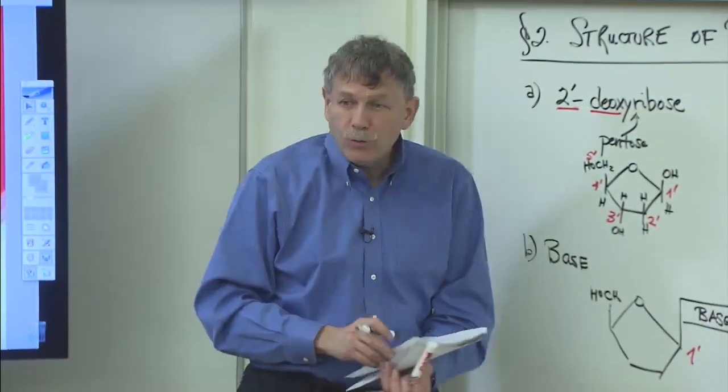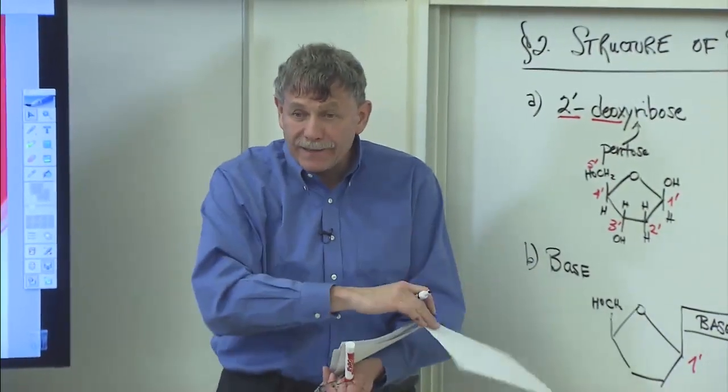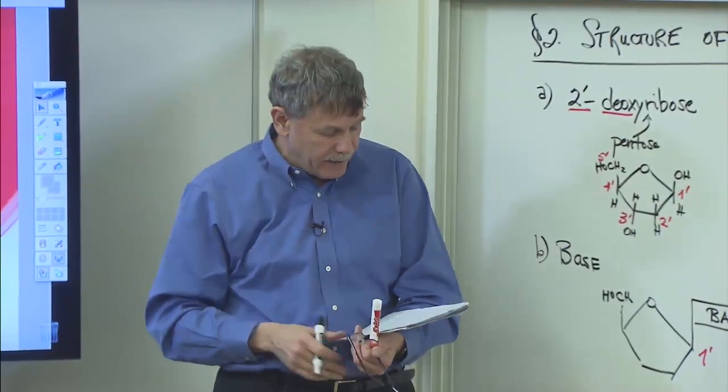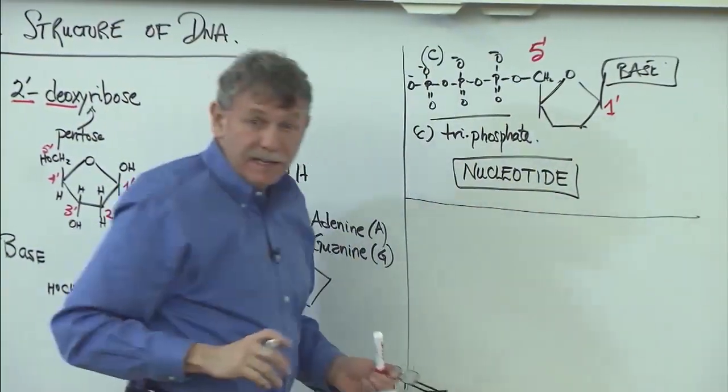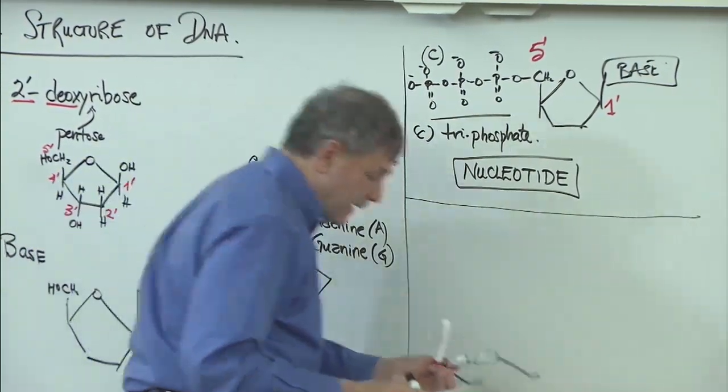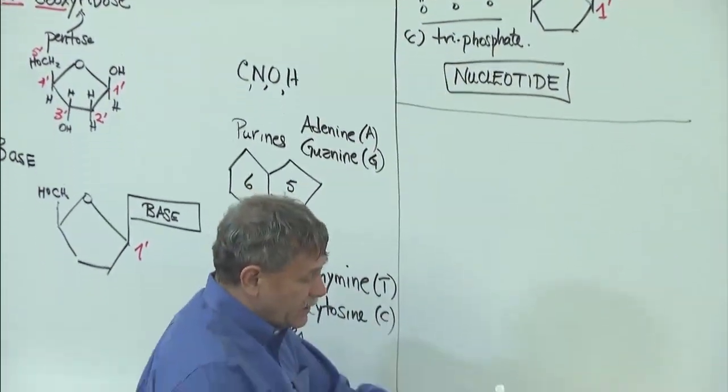Now, how do we combine these building blocks to make a chain of DNA? Well, we polymerize them by a dehydration synthesis.